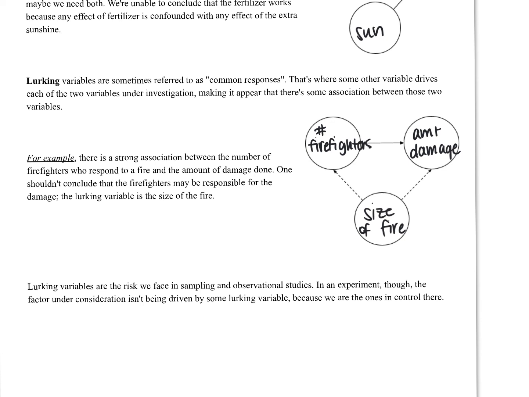So lurking variables are more common in observational studies because we see that there's a high correlation between 2 things, but we don't necessarily know if there's something else that is affecting that. In an experiment, the factor under consideration isn't being driven by some lurking variable because we're the ones in control there.